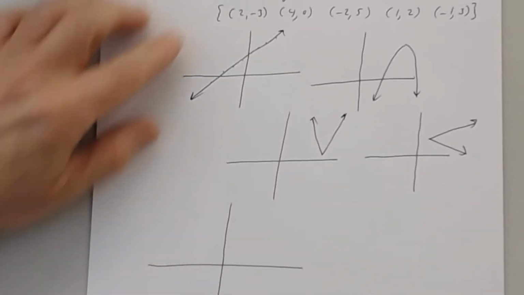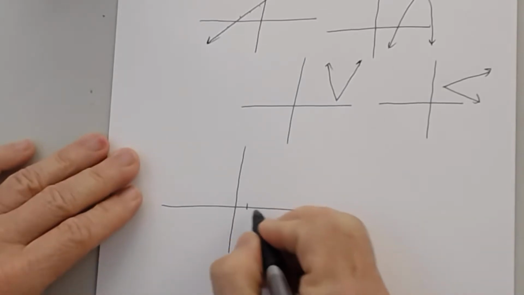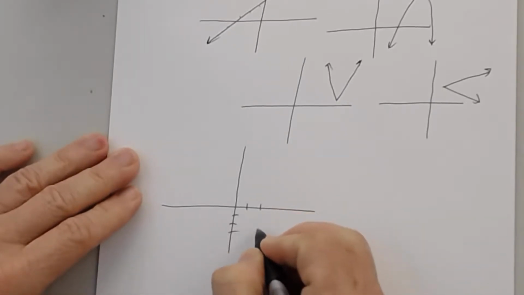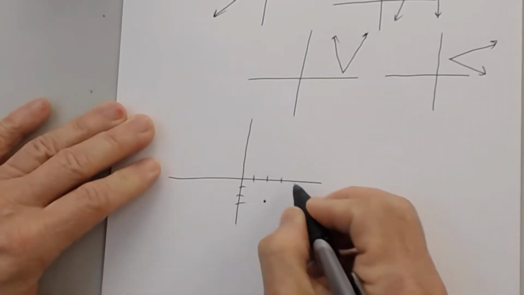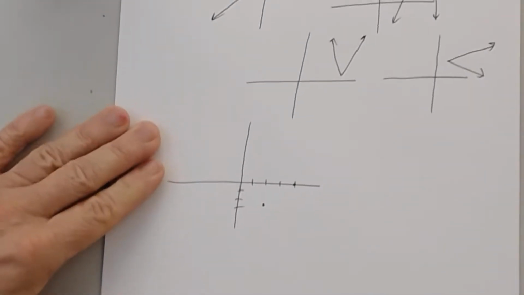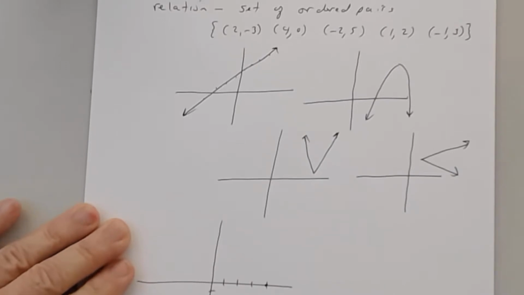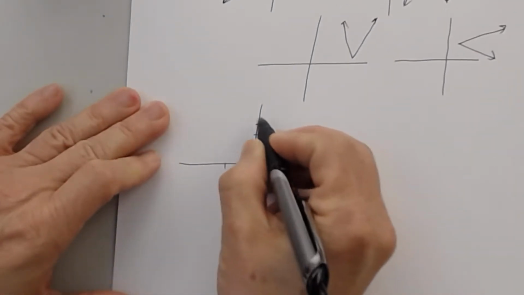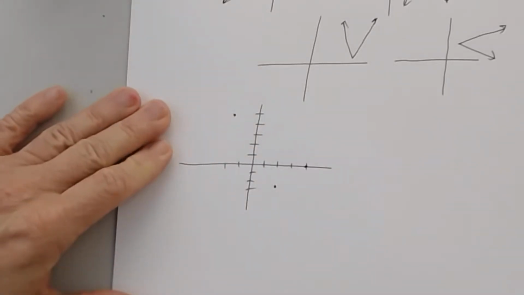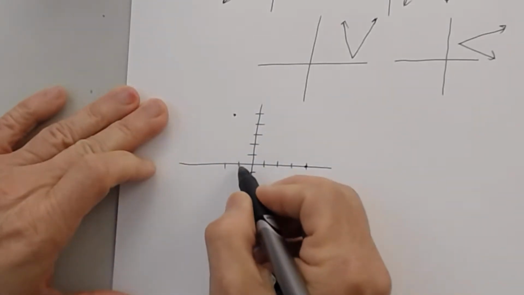And so my points were what? 2, -3. So there's one of them. My other point was 4, 0. Here's the other. My other point was -2, 5. And my other point was -1, 3.